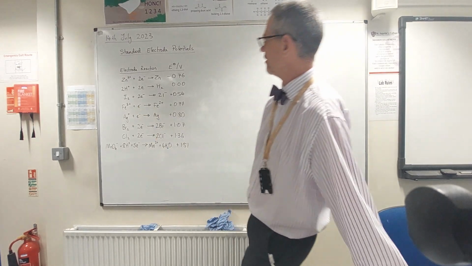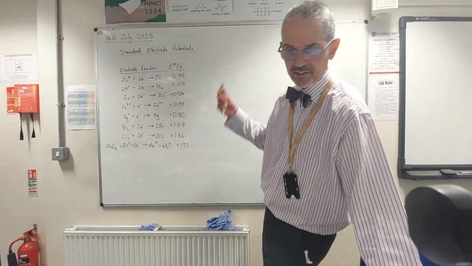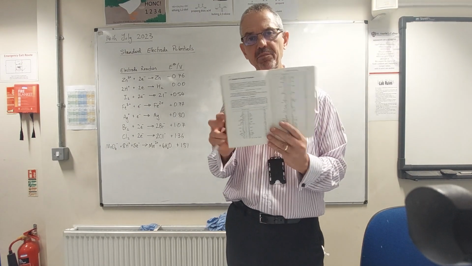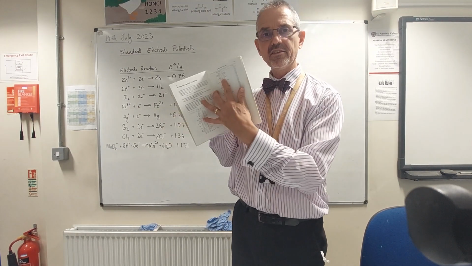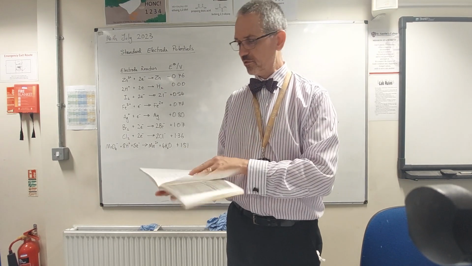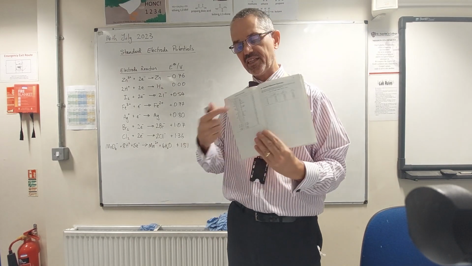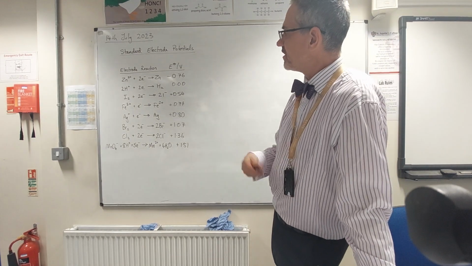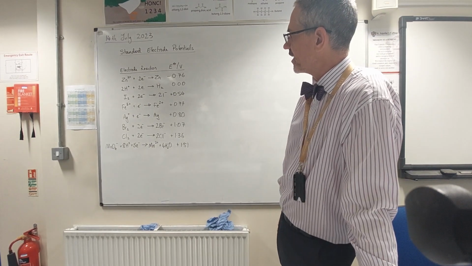We maybe play around between two different ions. And there are data booklets of these. Here we are, a data booklet with hundreds of values, for all these different possible half cell reactions. And we can then combine those and make a prediction about whether or not a reaction will happen.